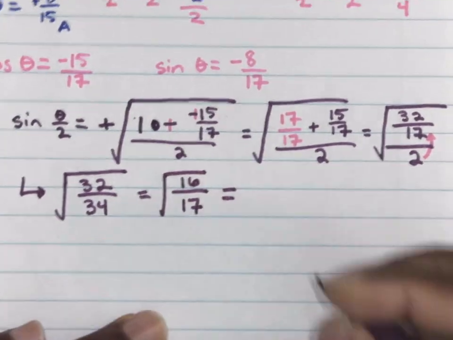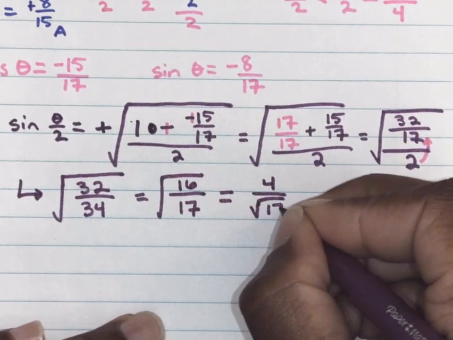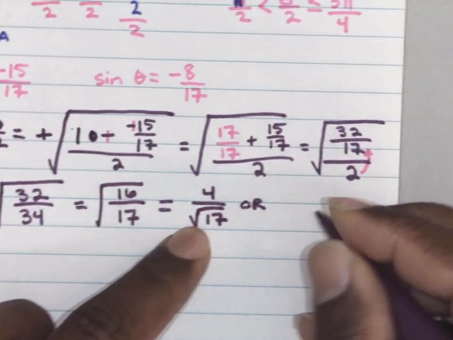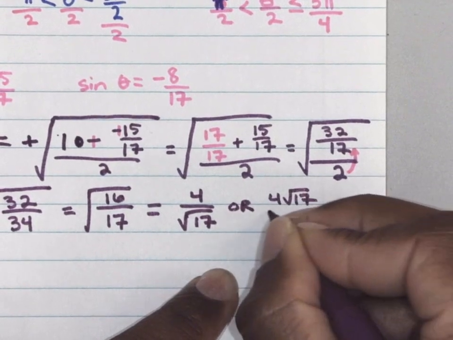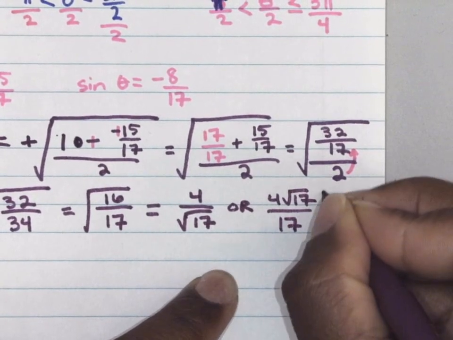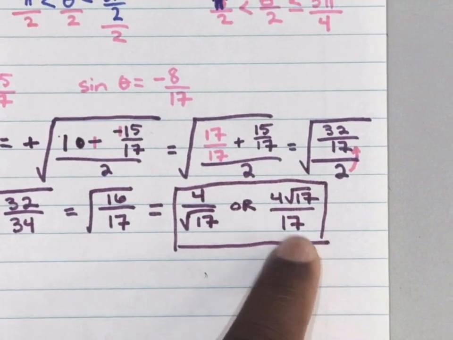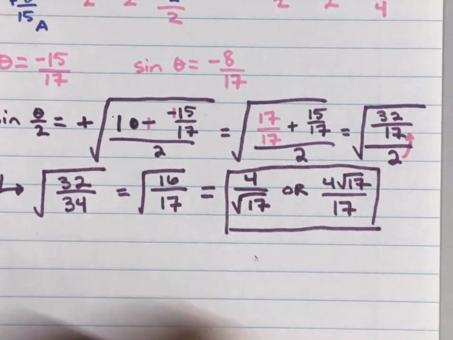And then we can do the square root of 16, which is 4 over root 17. And then if I want to rationalize it, I multiply the top and the bottom by the square root of 17, and I get 4 root 17 over 17. So this is my answer. This is my simplified answer, because you can't have that radical in the denominator.